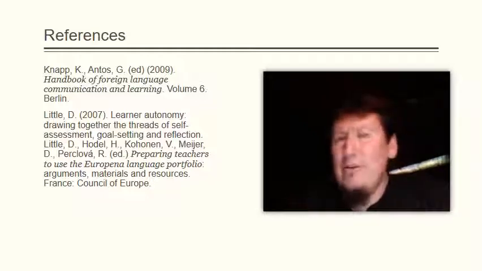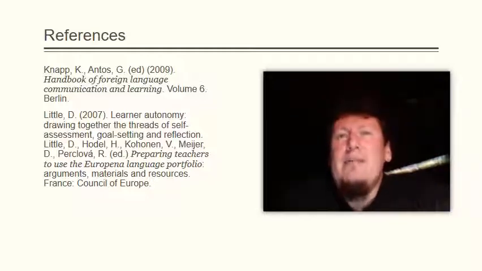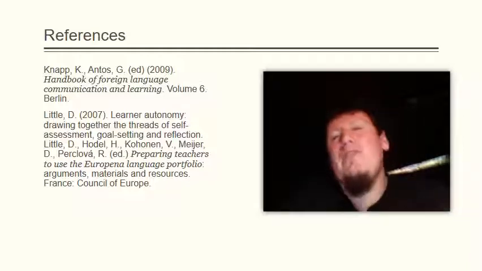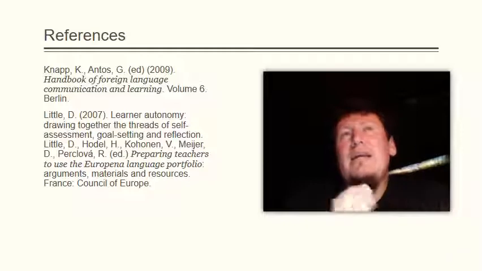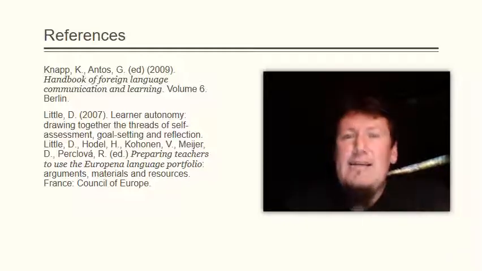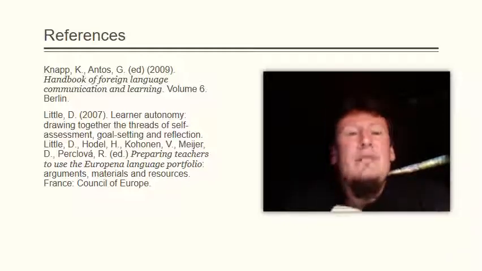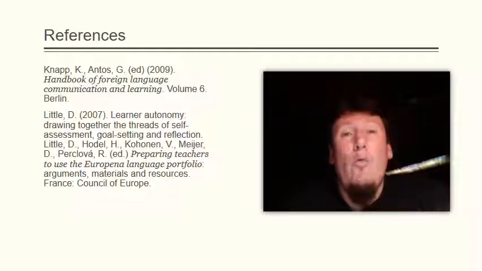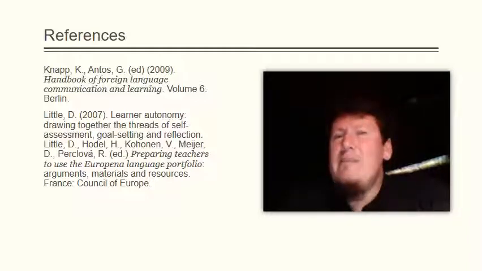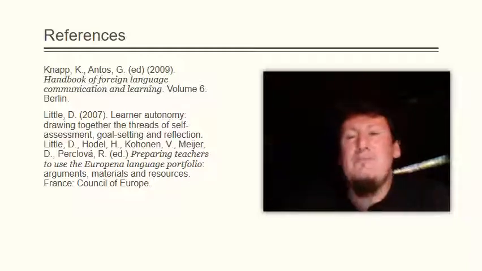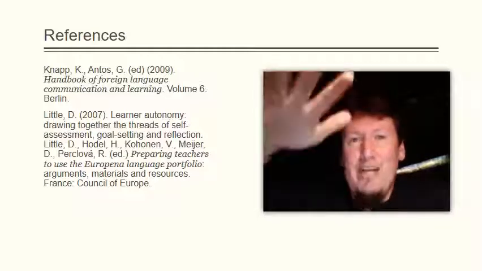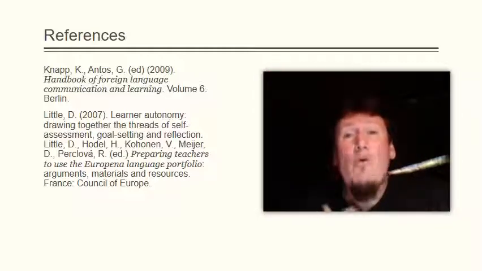As a final note here, I just would like to point out that you might think that learner autonomy is something that everybody has. All of your students have it. They are probably just not aware of it. It's not something that you eat and then you suddenly have. It's not something that you teach. It's not something that comes from the outside and you put it in. It's something everybody already has.